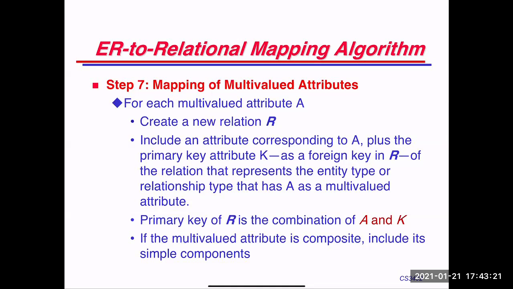So for the same primary key value, you might have multiple entries, right? So you can't just make the primary key the primary key here. So you do need to use the combination of the attribute itself and the primary key, which is now a foreign key. And of course, if the multi-valued attribute is a composite attribute, then you're just going to include its simple components, as I mentioned before.